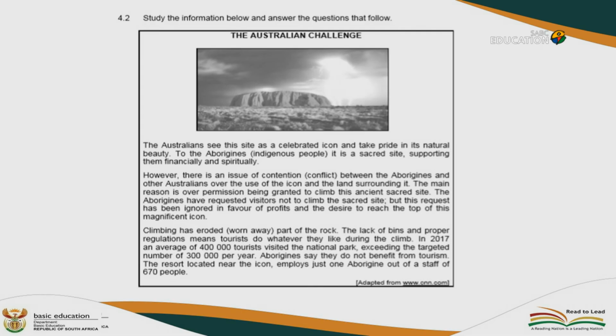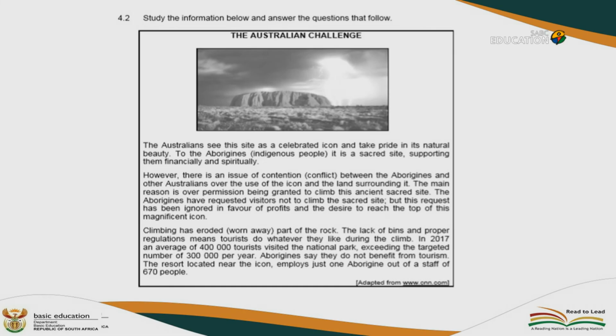However, there is an issue of contention, meaning conflicts, between the Aborigines and other Australians over the use of the icon and the land surrounding it. The main reason is over permission being granted to climb the ancient sacred sites. The Aborigines have requested visitors not to climb the sacred sites, but this request has been ignored in favor of profits and the desire to reach the top of this magnificent icon.